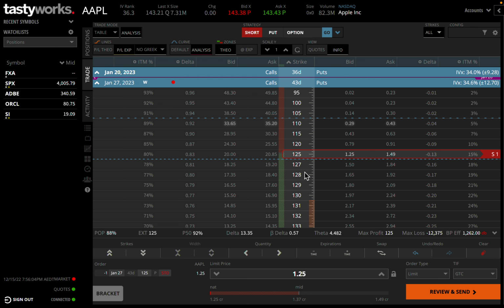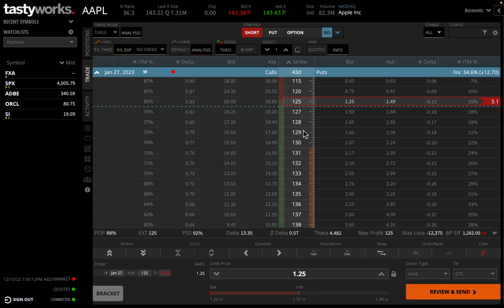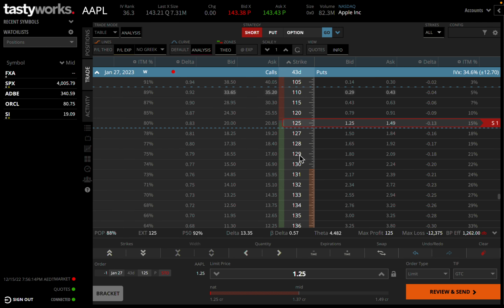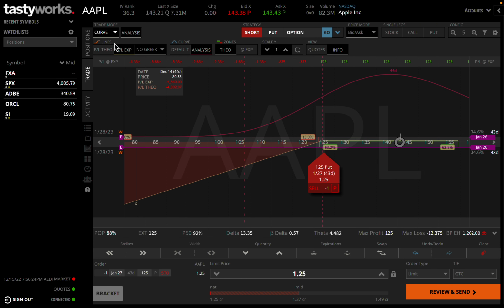See, if you're looking to sell an option from 127 within the standard deviation, yeah, you can sell it at a dollar gap. But once it gets past this standard deviation line here, you see they're only selling them at $5 intervals, right? So you'll see that change in price.